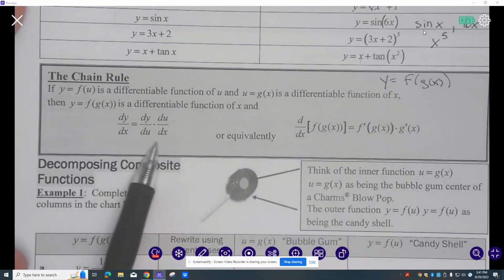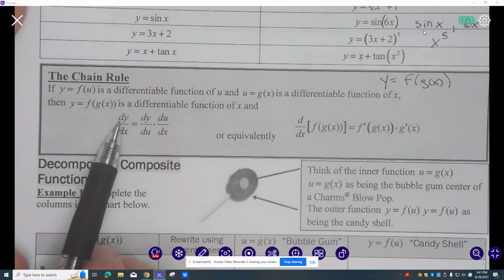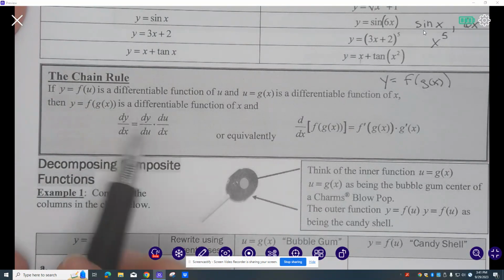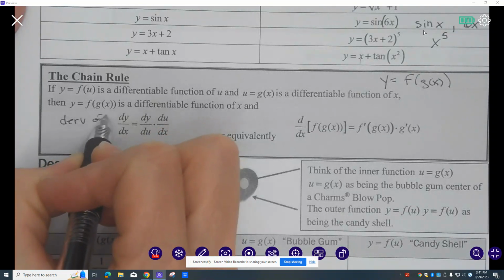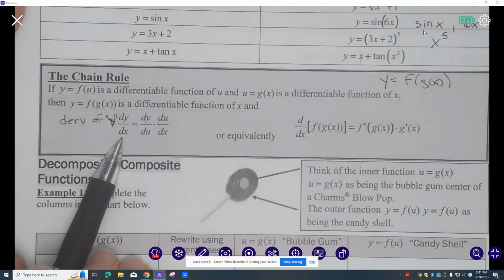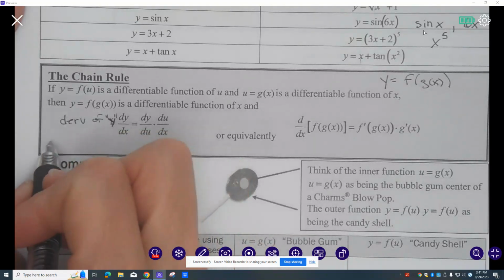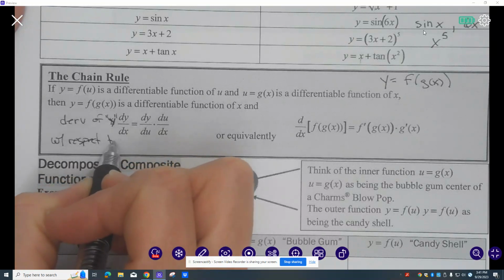So let's talk about this notation. This dy dx means I'm taking the derivative of y with respect to x.